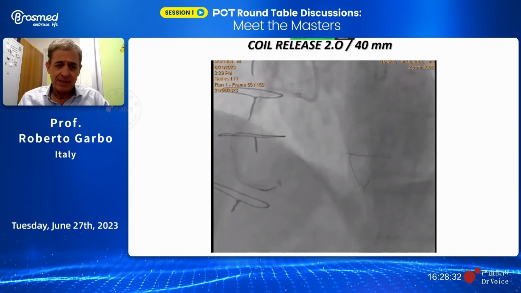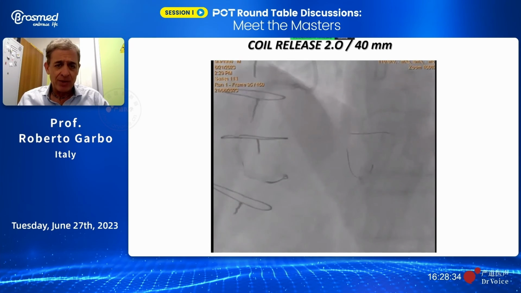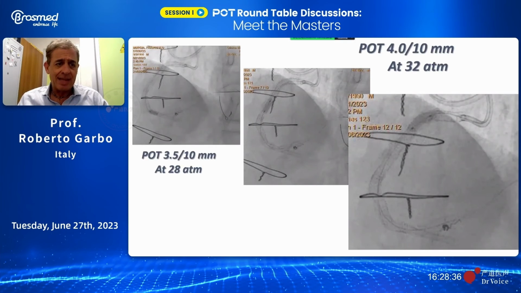In this way, you save all the branches, and this is then all the POT with the BrosMed POT balloon of the vessel. So 3.5 by 10 in the distal right.